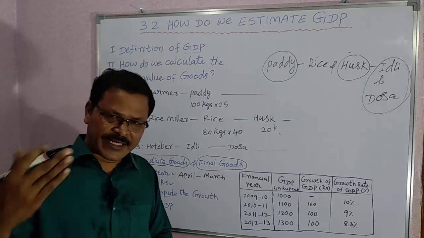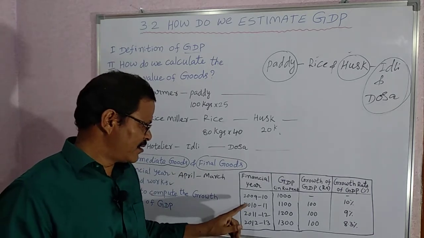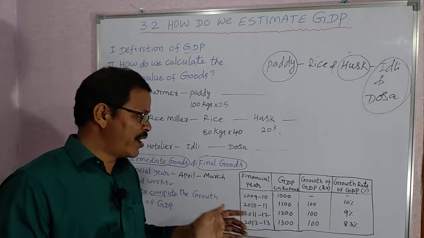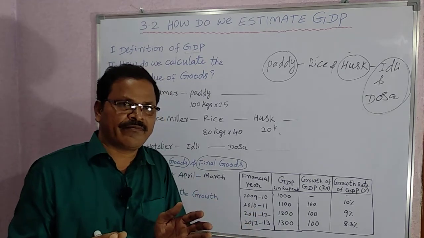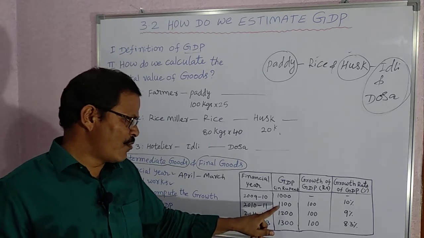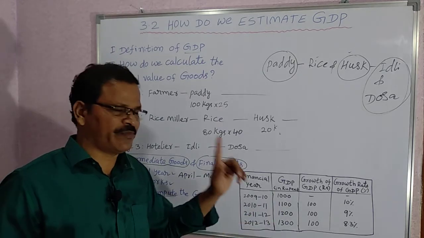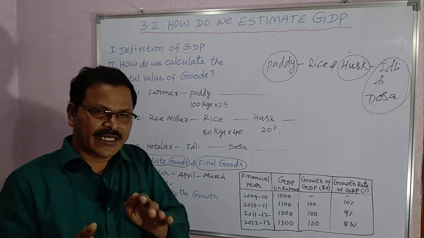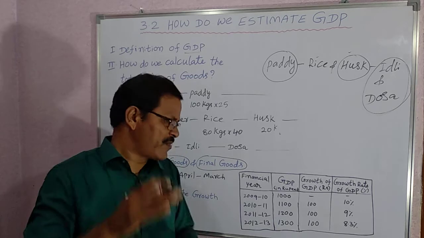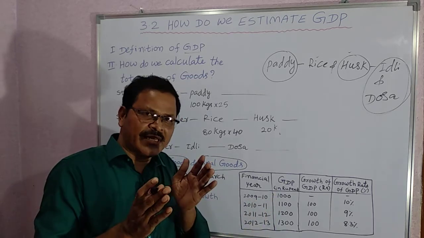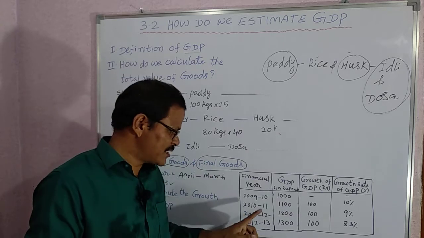If you take the second example, the financial year 2010-11, what is the GDP? 1,100 rupees. What is the GDP of the previous year? 1,000 rupees.